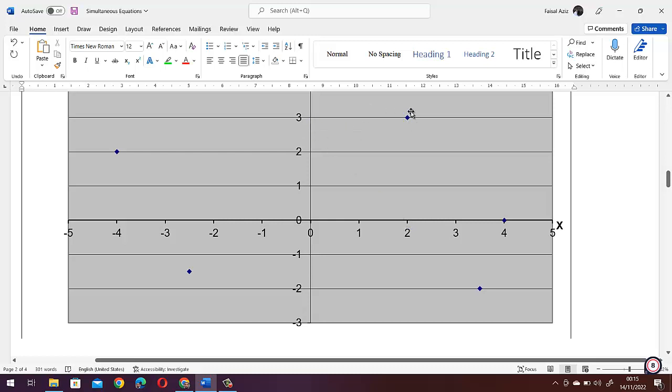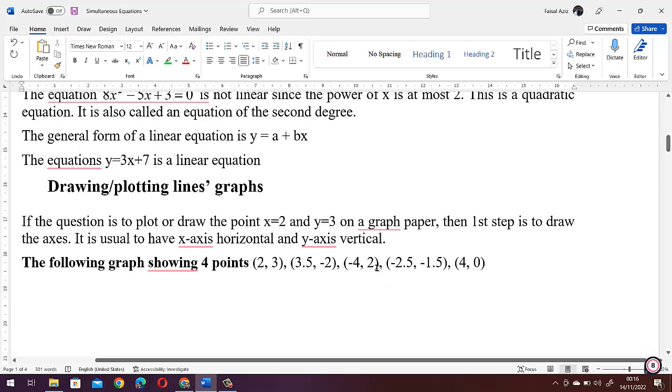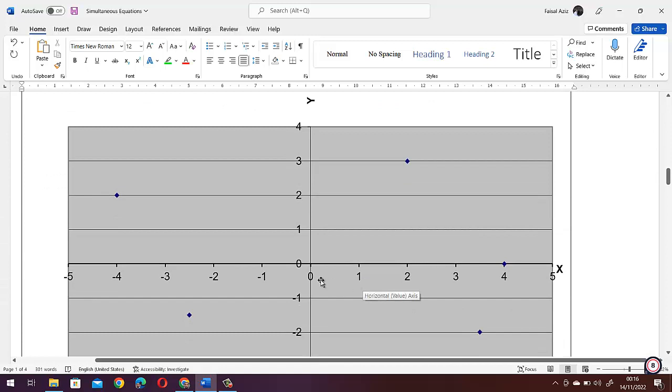So with 2 and 3 we will get this point, and we can mark this point on the graph. We have another point, let's say minus 4 comma 2. So minus 4 comma 2 means that it is on the negative side. This is x minus 4 and y value is 2. So this is another point. If we want to get a line, simply we can join this point and this point together, and we will get a straight line. So this is how we can plot a graph.